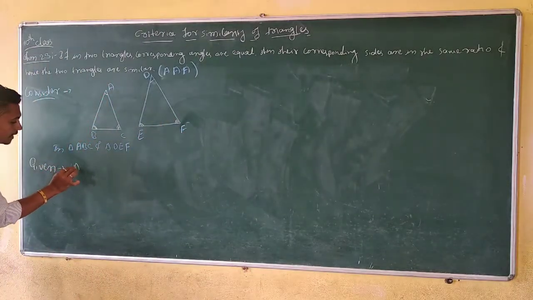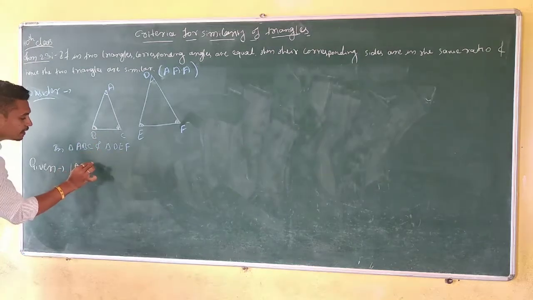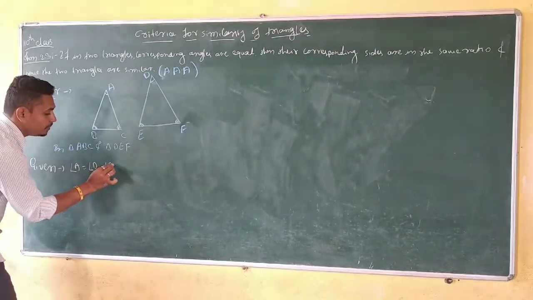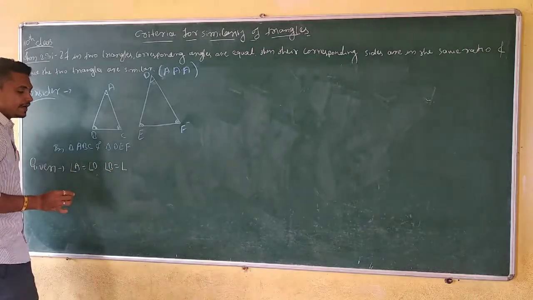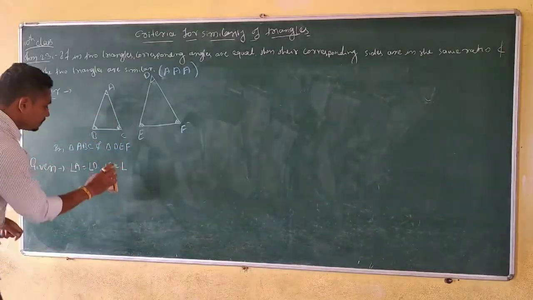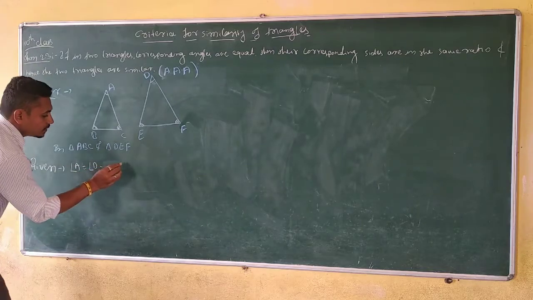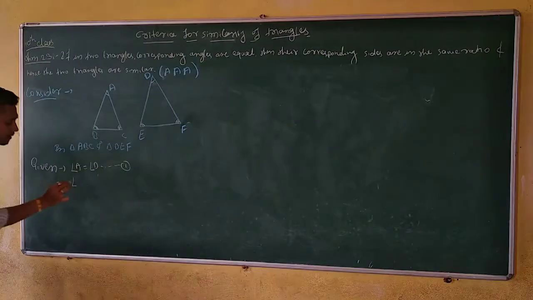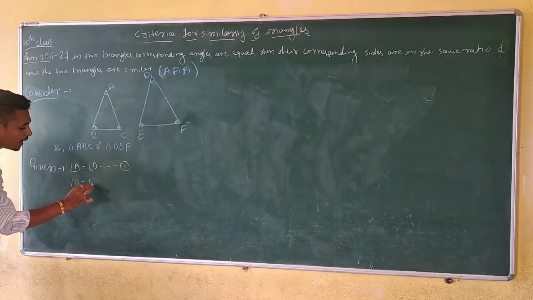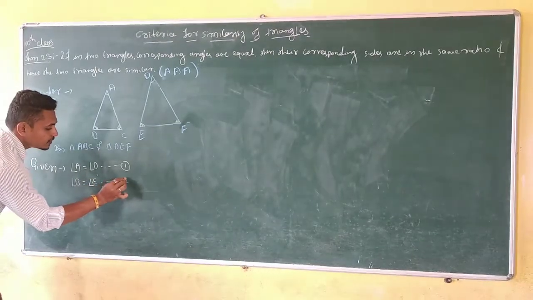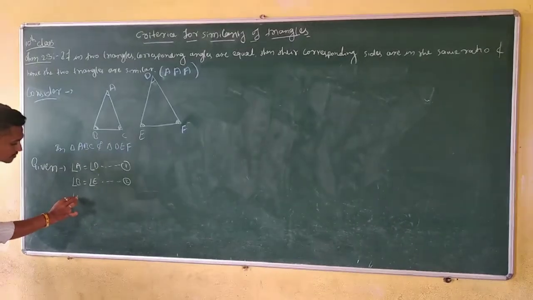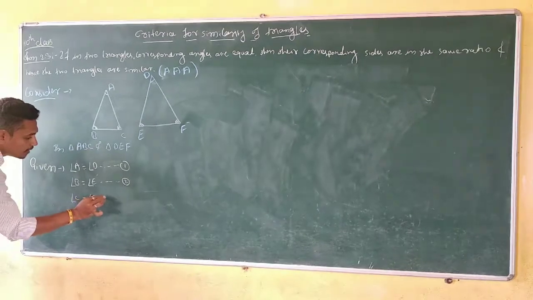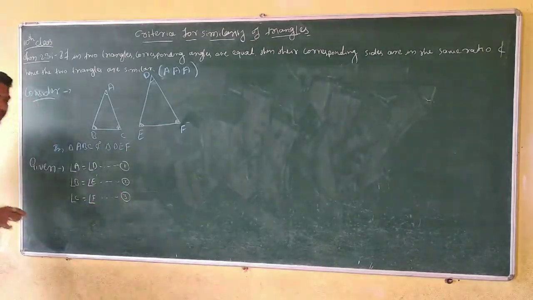So angle A is equal to angle D, and this is called equation number 1. The next, angle B is equal to angle E, called equation number 2. And angle C is equal to angle F, called equation number 3.